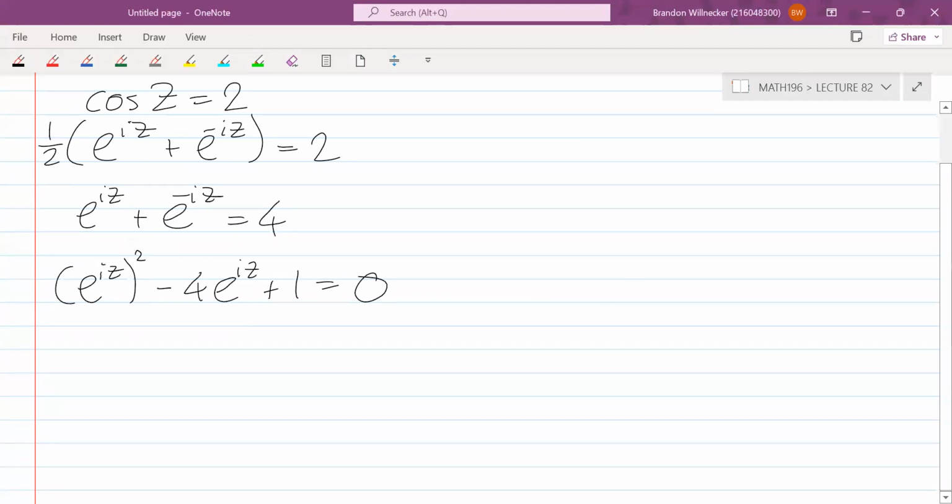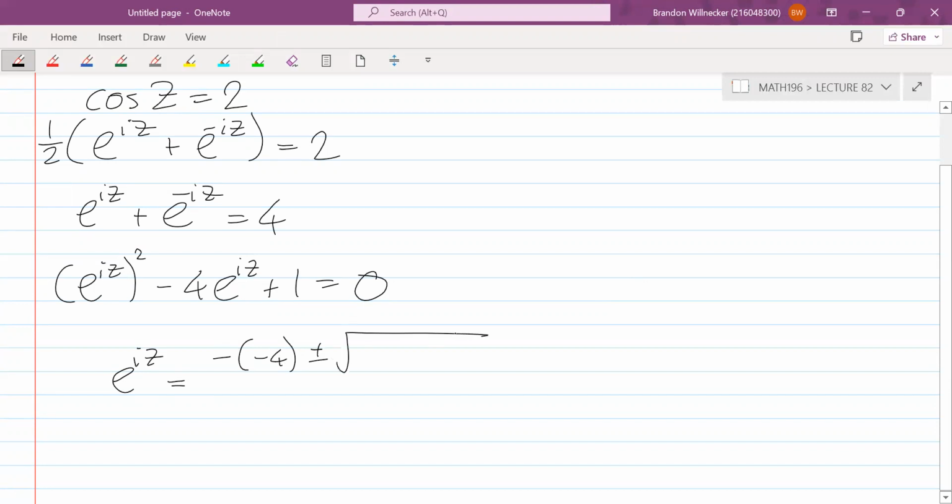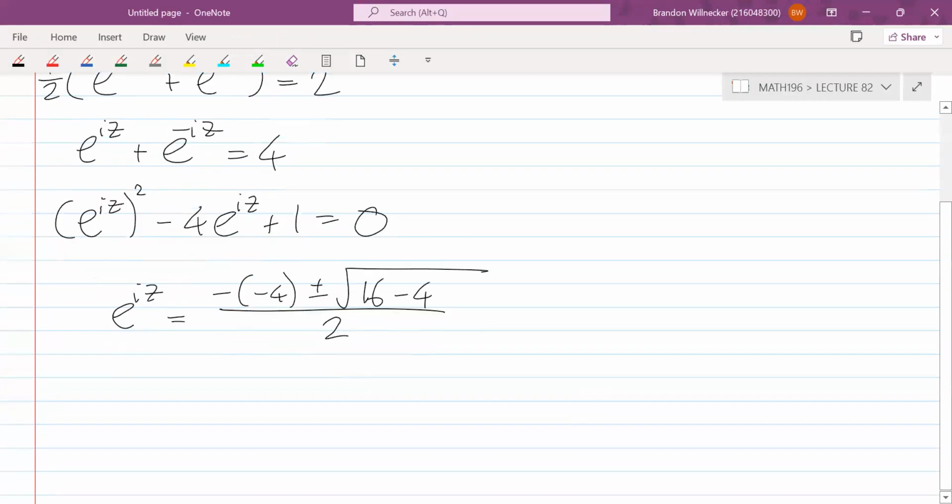Now this is just a quadratic if you imagine e to the iz as another variable. So we can solve for it using the quadratic formula. So e to the iz is equal to minus b, so minus minus 4, plus or minus the square root of b squared, so that's going to be 16, minus 4ac, so that's just minus 4, all over 2. Okay, we can simplify that.